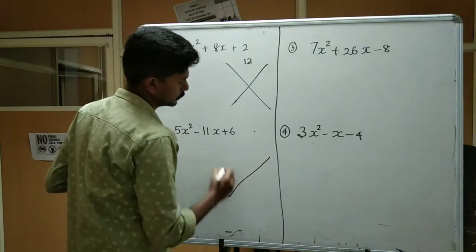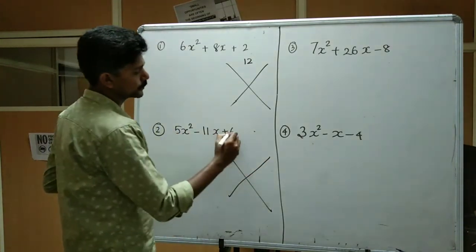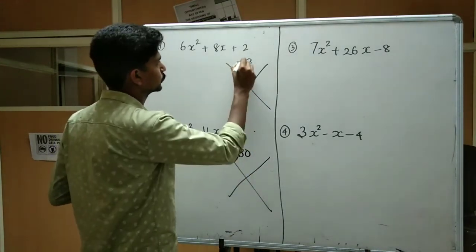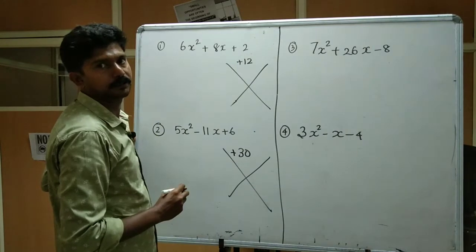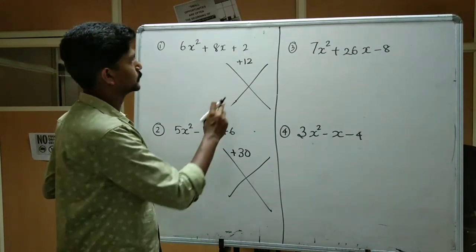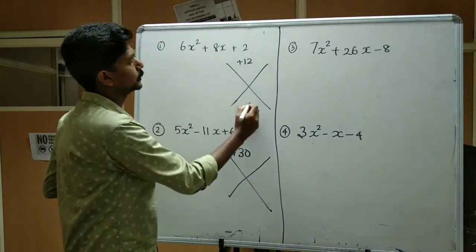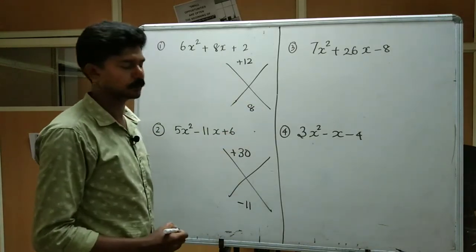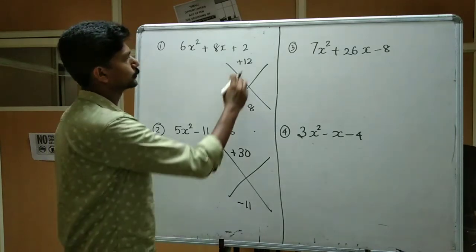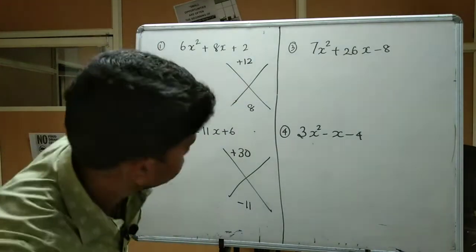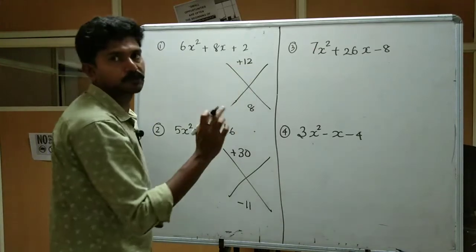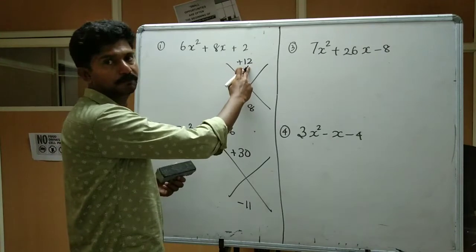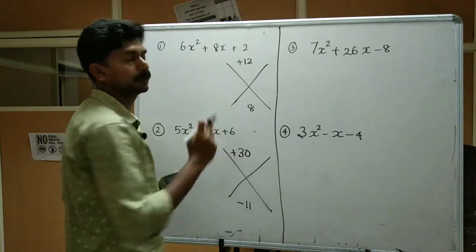Here also we can see 5 into 6, 30. The product is positive. And let us see the sum. We select the sum from the middle term. So here it is negative 11. Let us see the factors of these numbers. Factors of 12: when we take two numbers and multiply, we should get 12, and when we add or subtract, we should get 8.